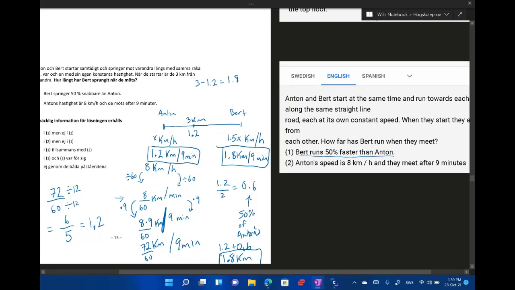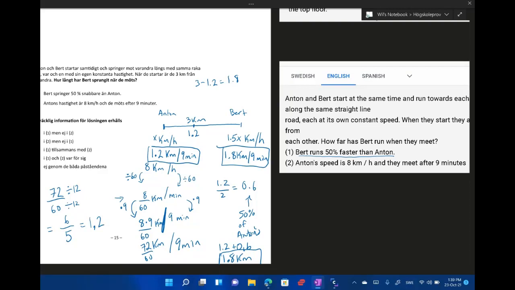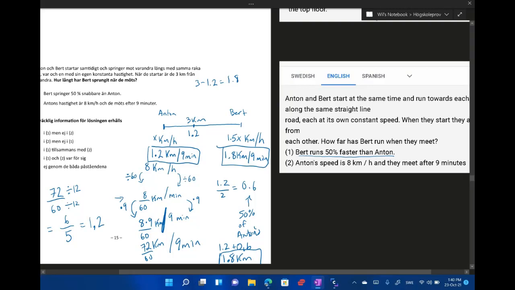So actually, you don't necessarily need option 1, do you? You could have found this all out before knowing option 1. Because even if you didn't know that Bert runs 50% faster than Anton, you could find out that Anton traveled 1.2 kilometers in 9 minutes, and it says they have met here.